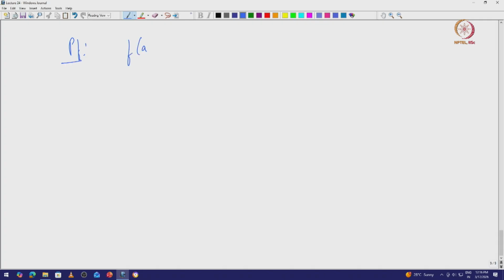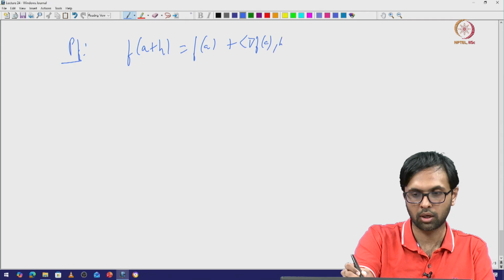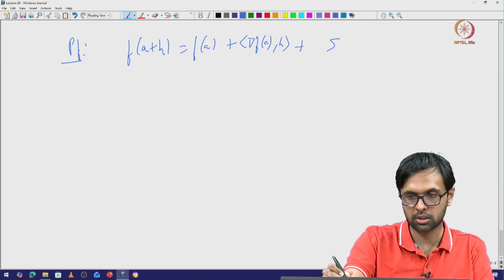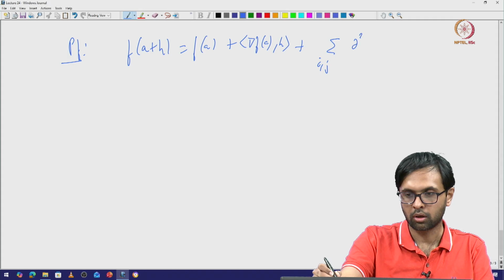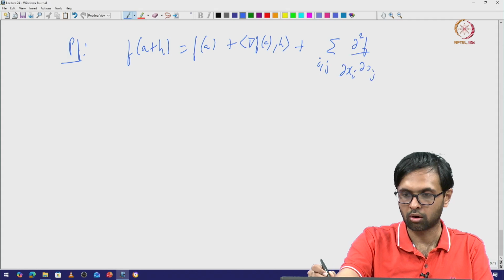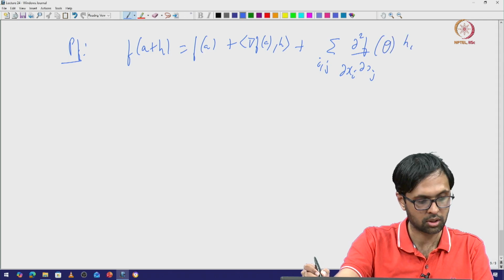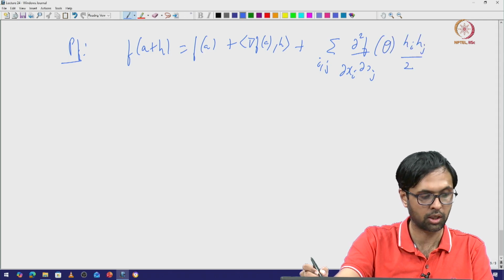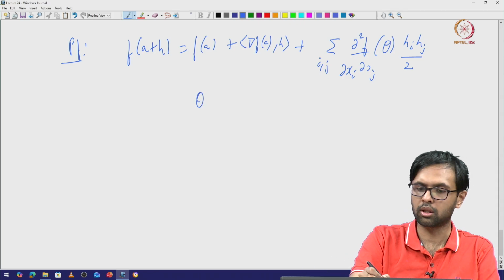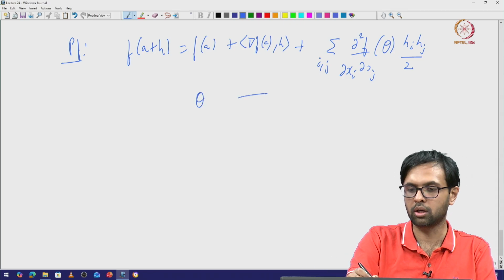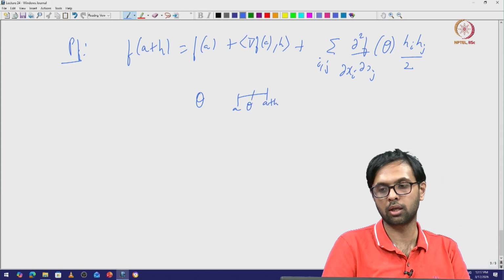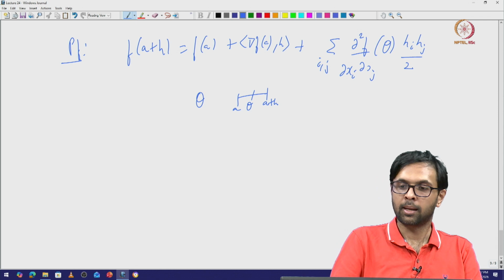By Taylor's theorem, f(a+h) is f(a) plus the gradient of f dot h plus the sum of the second partial derivatives ∂²f/∂xi∂xj at some theta times hi hj, divided by 2, where theta is somewhere on the line joining a and a+h.